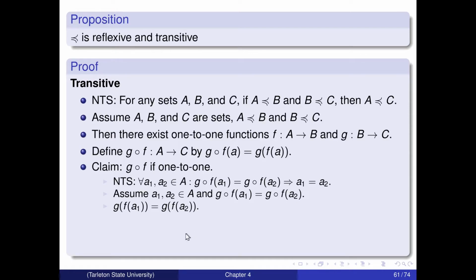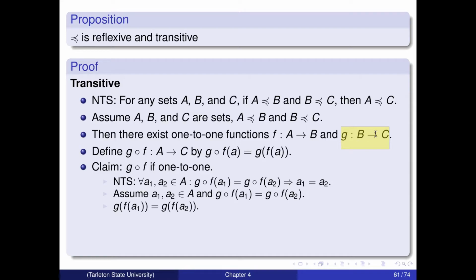Now let's ask ourselves, is it possible that this element f of a1 and this element f of a2 are different? Could that be true? And it actually can't be true. We know it can't be true because this function g is one-to-one.